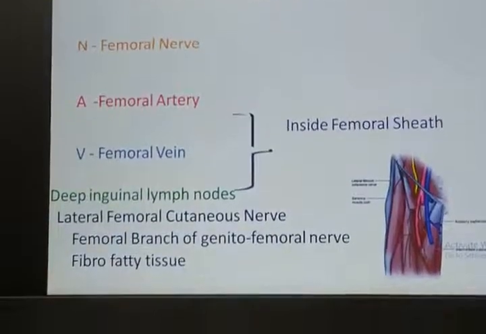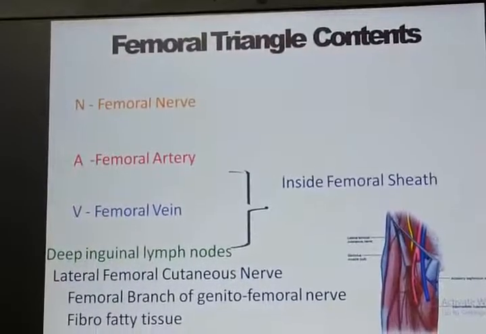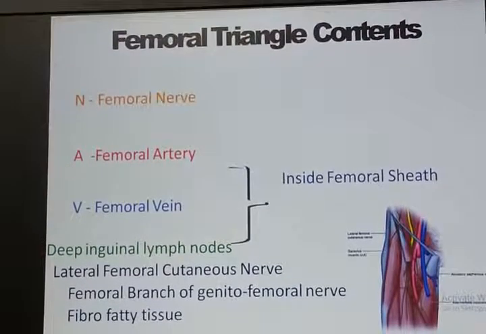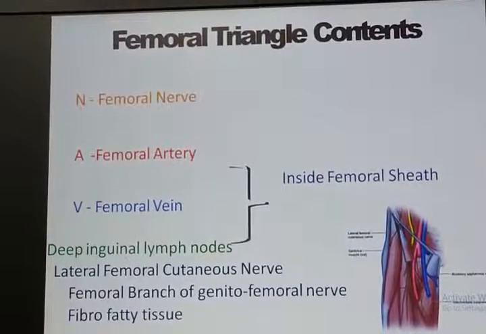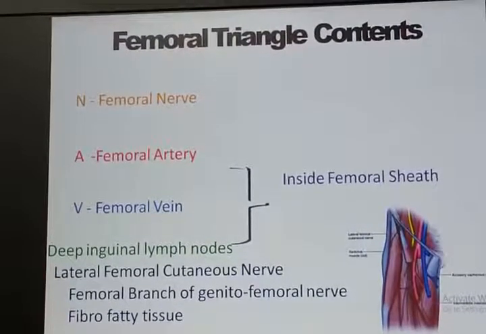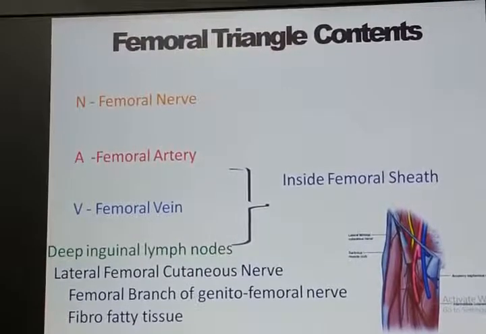Other than these four structures, we observe the lateral femoral cutaneous nerve, femoral branch of genitofemoral nerve, and fibrofatty tissue. So these 7 structures are the components of femoral triangle.